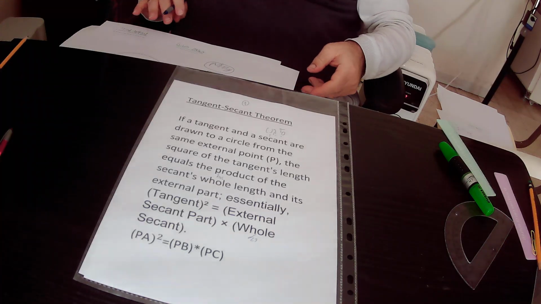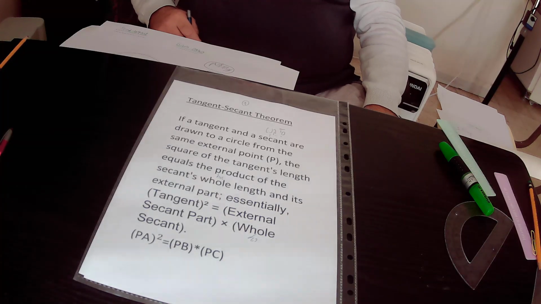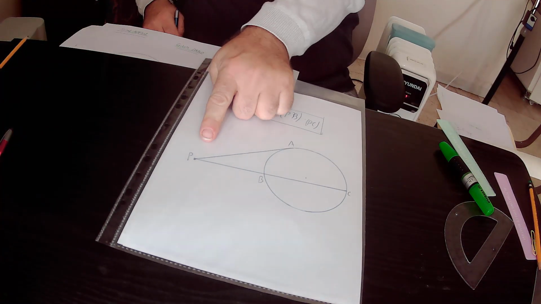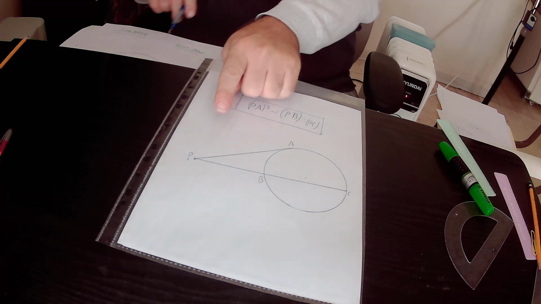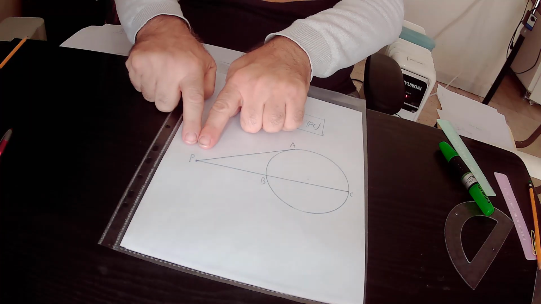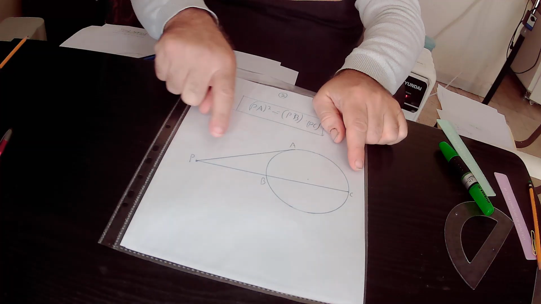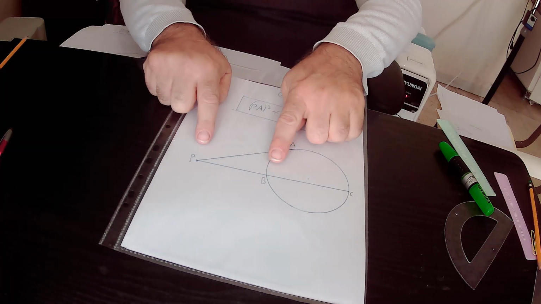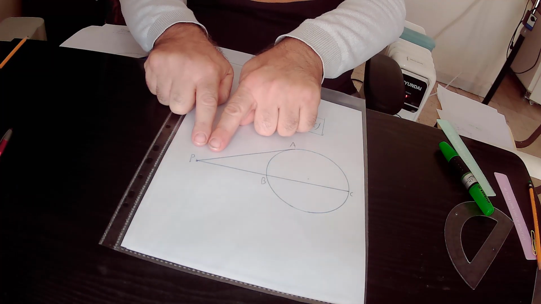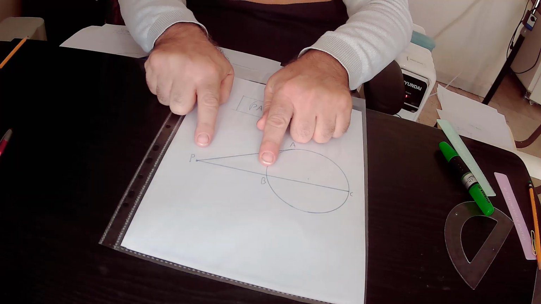According to the tangent secant theorem, if a tangent and a secant are drawn to a circle from the same external point, point P, we have tangent PA, that is tangent to this circle at point A. Likewise, from the same common external point, point P, we have secant PC that cuts this circle at those two points, B and C. PB is the external part of this secant, and the length of the secant in total is PC.